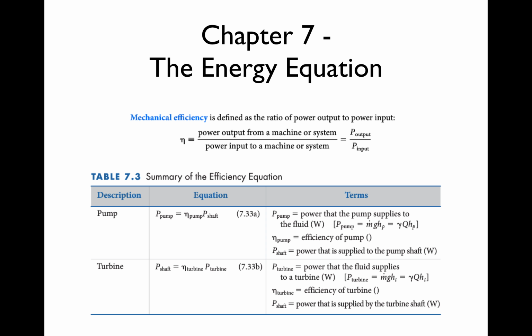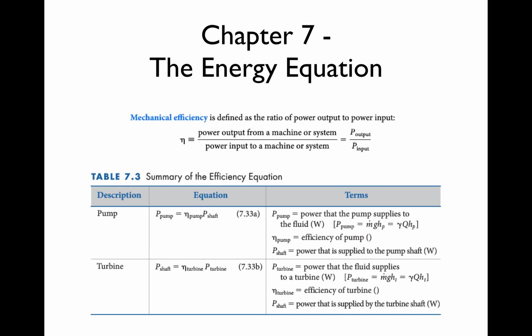And finally, for the calculations, we are able to also add mechanical efficiency into the problems, where the efficiency eta is defined to be the power output from a machine over the power input.